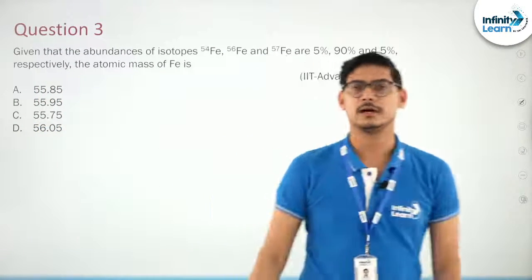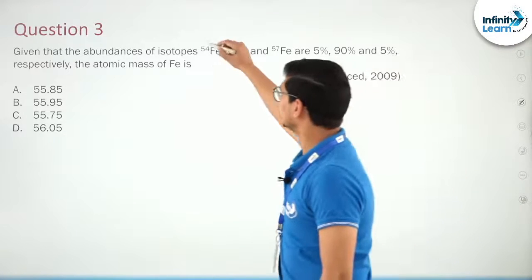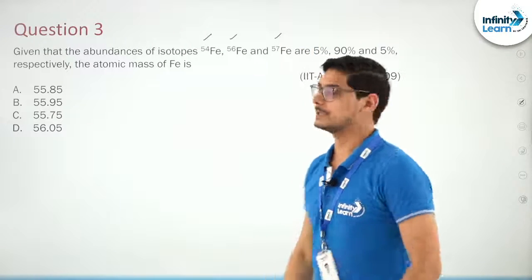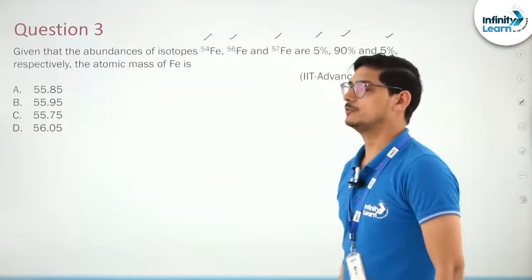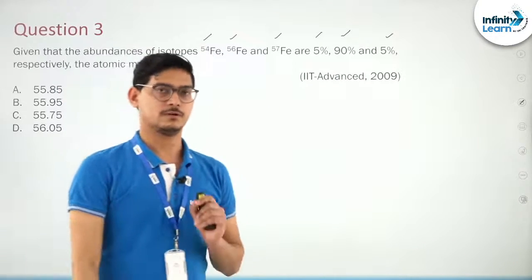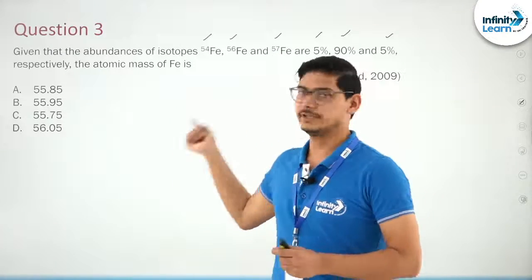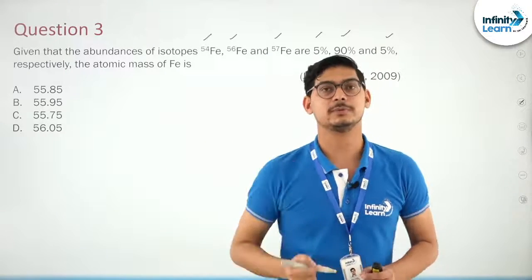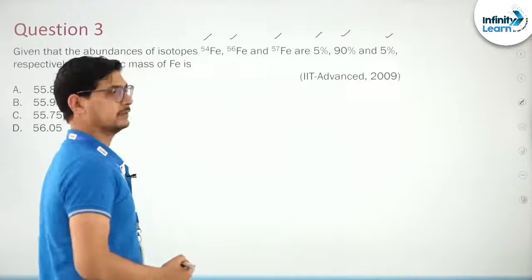Given that the abundances of 3 isotopes are given, their masses are 54, 56 and 57, and the percentage abundances are 5, 90 and 5. You have to calculate the average atomic mass of iron. If you want to solve this question by yourself, just pause the video, solve the question and then replay it and cross check your answer. Meanwhile, I am solving it.